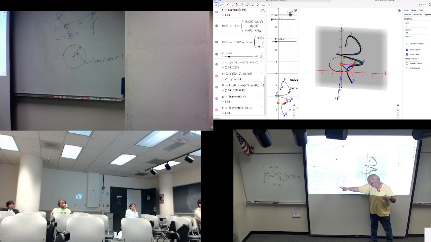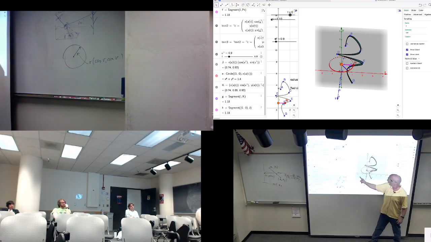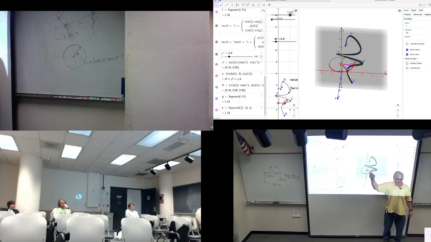Look at the circle that is defined. The radius will be the x coordinate. The elevation will be the y coordinate, and once I change V, it defines a circle.